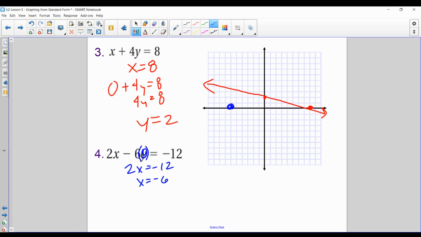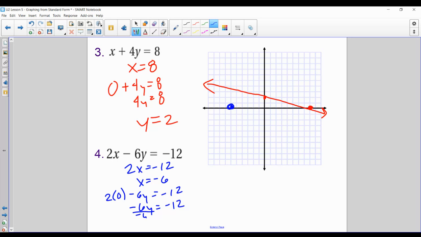Come back, and now I'm going to erase this. And if I want the y value, I'm going to plug in 0 for x. So I'm going to have 2 times 0 minus 6y equals negative 12. Anything times 0 is 0, so I just have negative 6y equals negative 12.